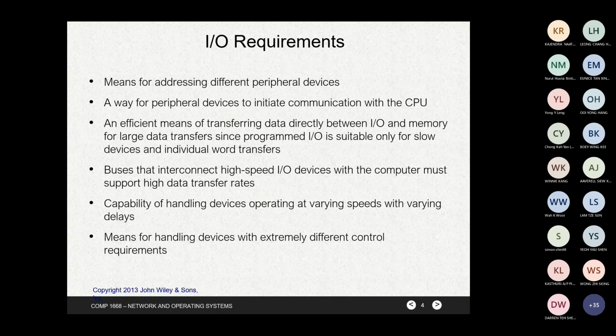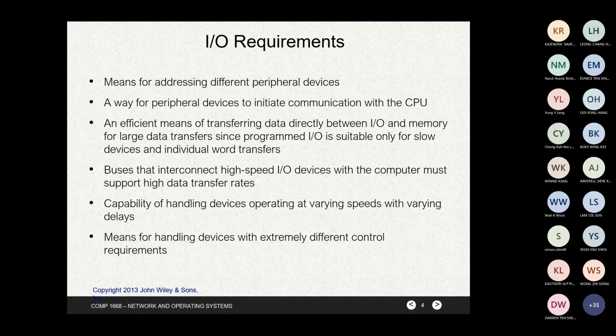I don't know how many of you still remember coax cable works at a maximum of 10 meg. That's the speed.